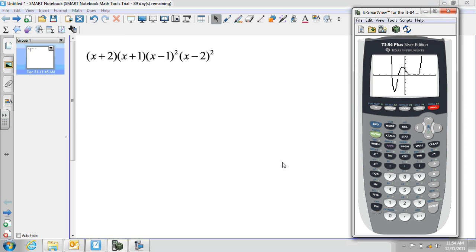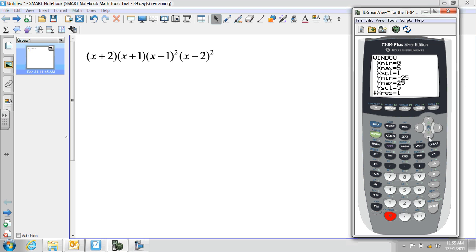But the one part of this graph that was still bothering me a little bit, even though I could answer the question of just domain and range from this, is this section of the graph right in here. I really wanted to know what was going on in there. So I went back into my window, and I changed my X values to 0 and my maximum of 5.